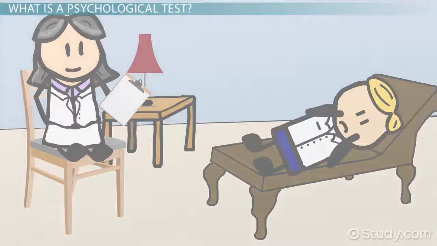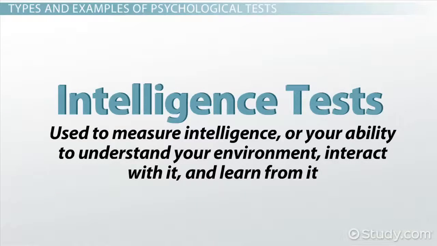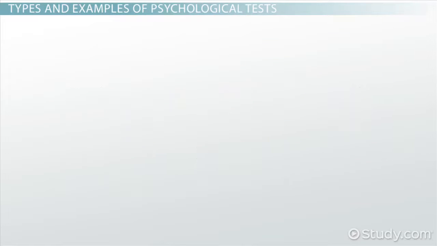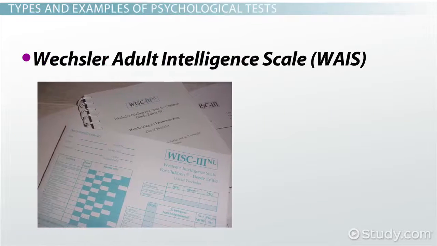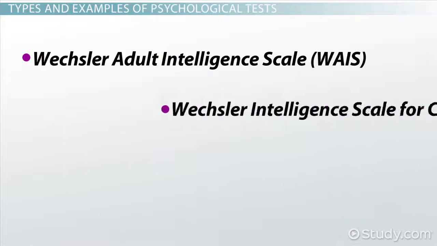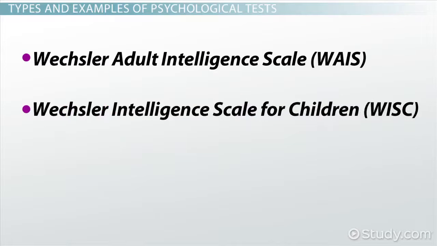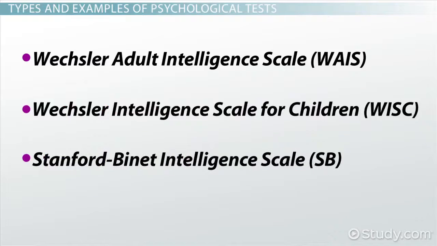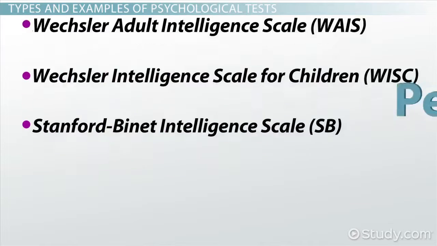Intelligence tests are used to measure intelligence, or your ability to understand your environment, interact with it, and learn from it. Intelligence tests include Wechsler Adult Intelligence Scale, WAIS, Wechsler Intelligence Scale for Children, WISC, Stanford Binet Intelligence Scale, SB.